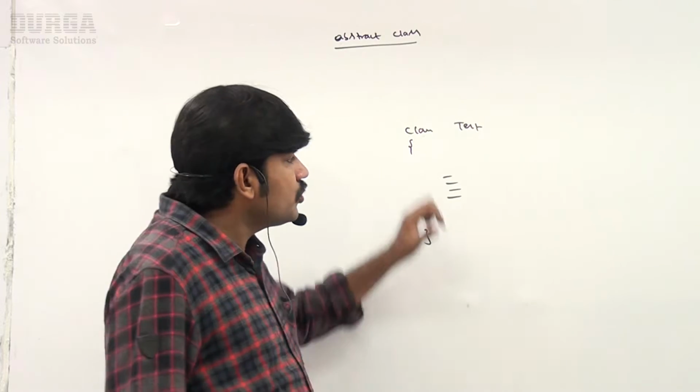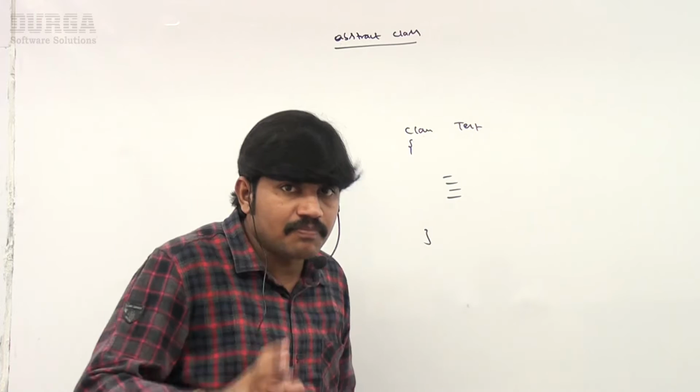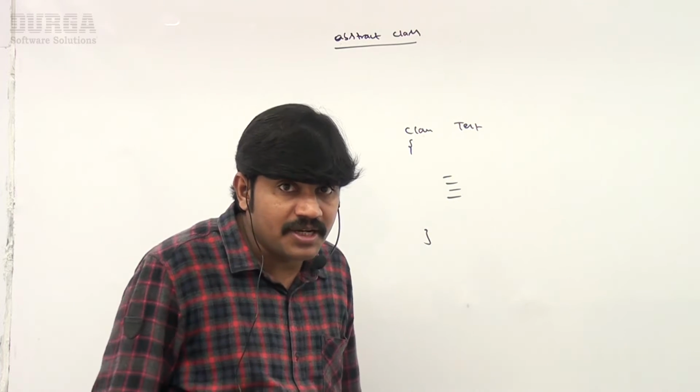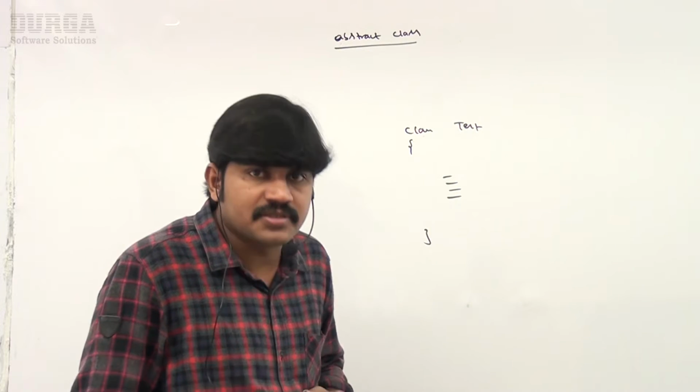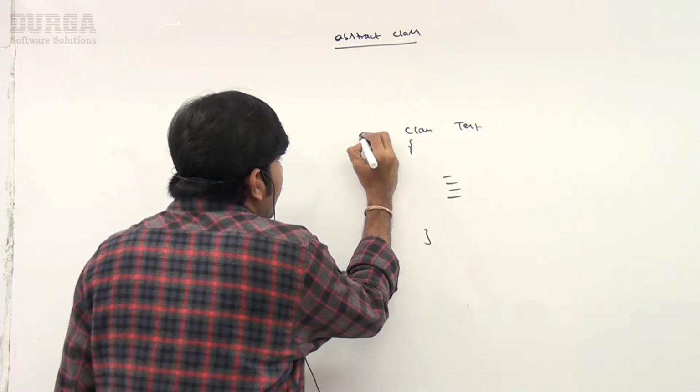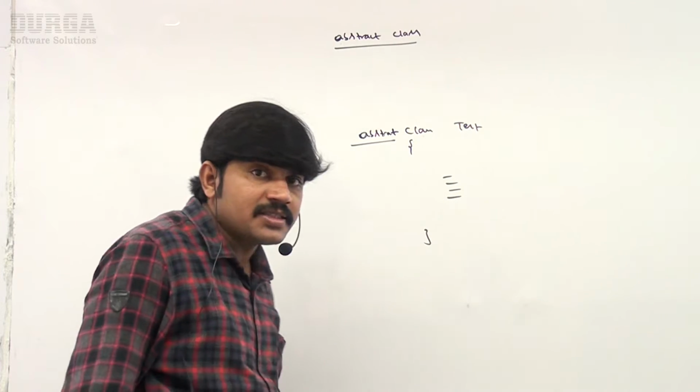So if the implementation of a class is not complete, such type of partially implemented classes we have to declare as abstract.